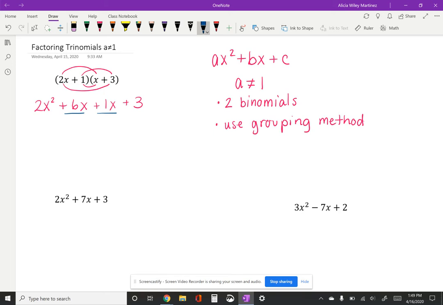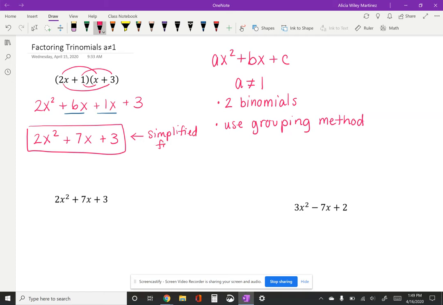That's these two terms right here. When we combine them, we get an answer of 2x squared plus 7x plus 3. This is what we call the simplified form. This is what we call the factored form.